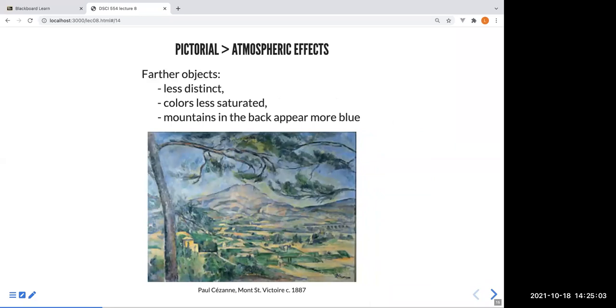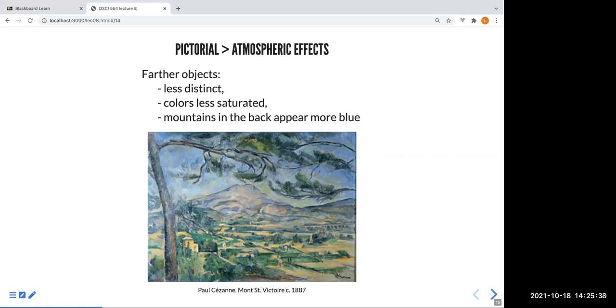So these types of effects have also been used in paintings. We mentioned the foreshortening effect, but artists have also used the fact that the farther away things are, the less precisely we are able to understand them. So the objects are not as sharp, obviously.